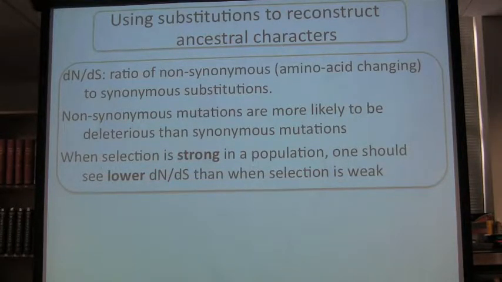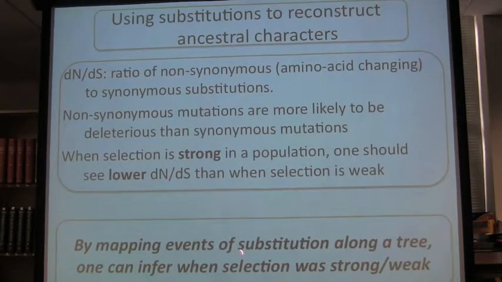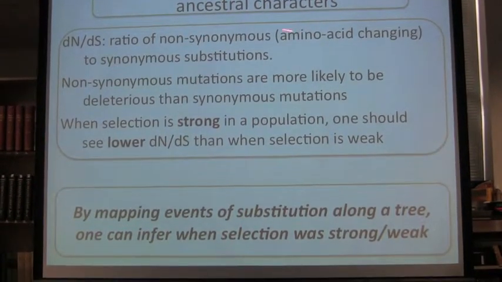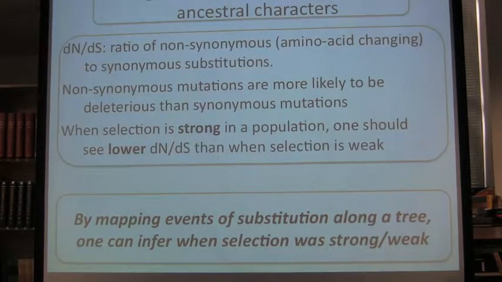So what I'm going to do is take a phylogeny and try to compute the DN/DS ratio on different branches of this phylogeny and see if that can tell us something about the organism that we have in this phylogeny. So by mapping these events of non-synonymous and synonymous substitutions, we're going to see when selection was strong and when selection was weak on the tree.